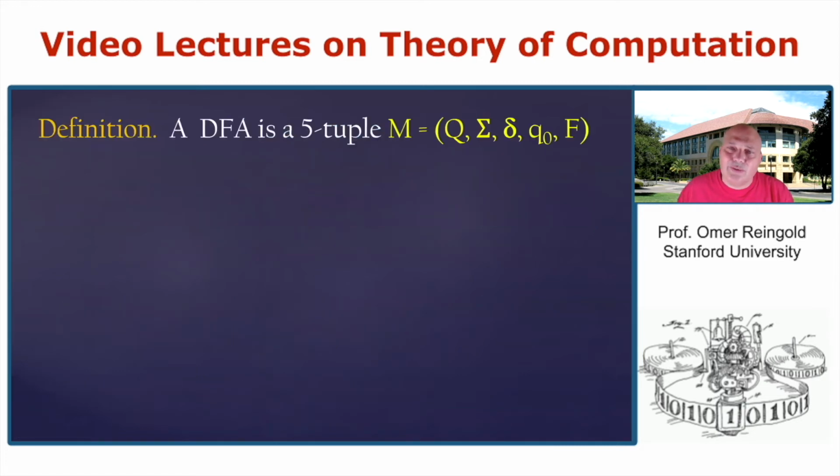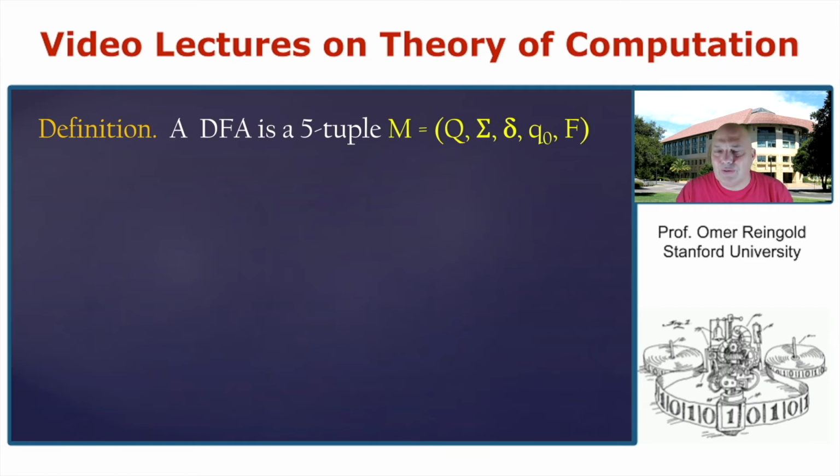And now we get to define DFAs more formally, and we'll define them as a 5-tuple. And some think that this is the difference between CS103 and this class, that now things are more formal, and now we have 5-tuples and later 7-tuples and all of that. That's not really what's important to us.